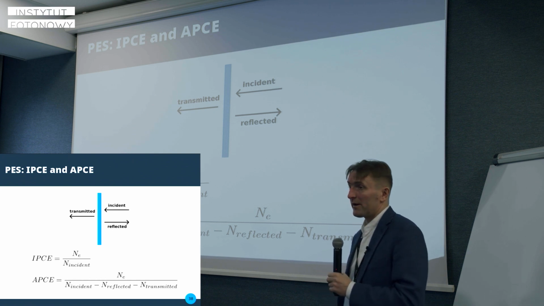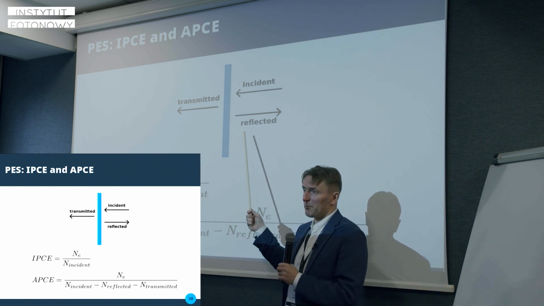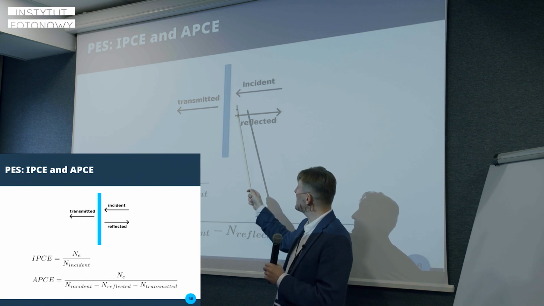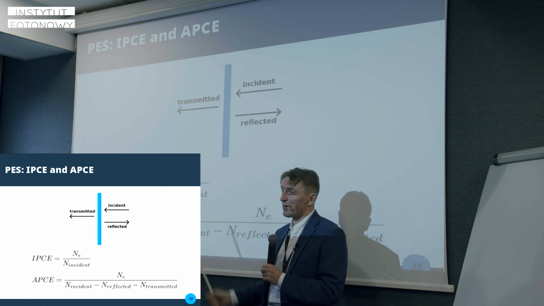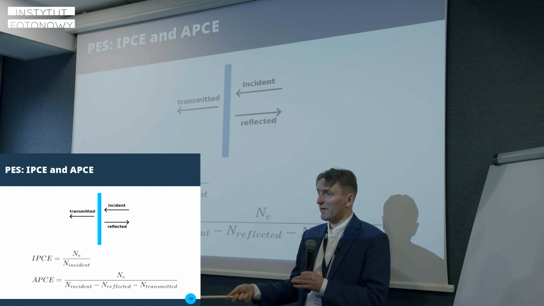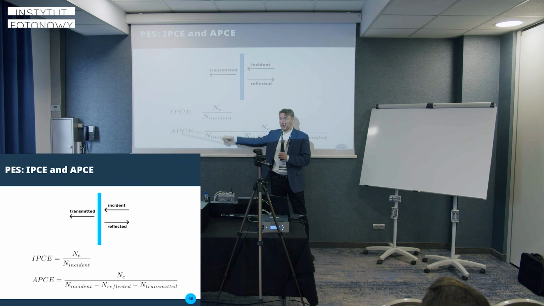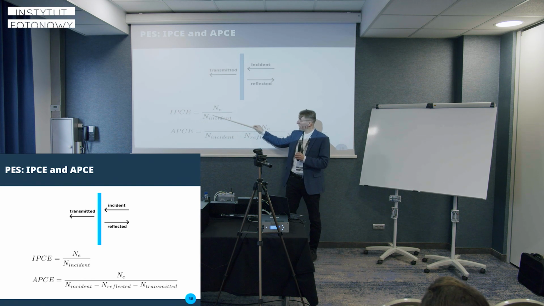However, what you really can do, you don't know what light will be absorbed. You can only measure incident, reflected, and transmitted. If you measure only incident light, which is the default setup for the spectrometer, you measure only IPCE, because those are the number of electrons produced in photocurrent, and those are the number of photons from incident light.